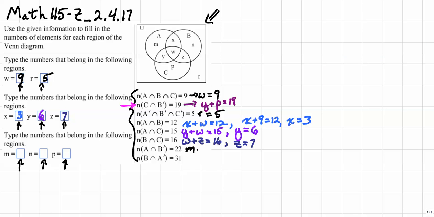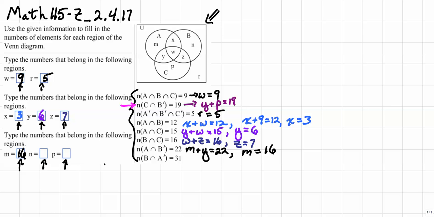So now we can go back to our program, and we can look at this and say, okay, M plus Y is equal to 22. Now, we already know what Y is. It's 6. So we'll subtract 6 from 22, and we'll get M is equal to 16. And we'll place that number right here.